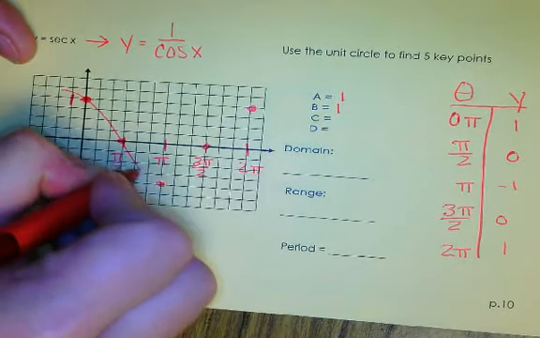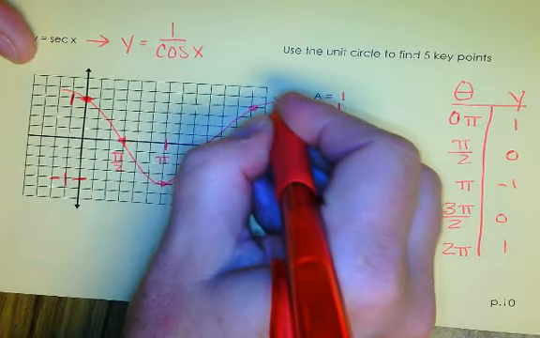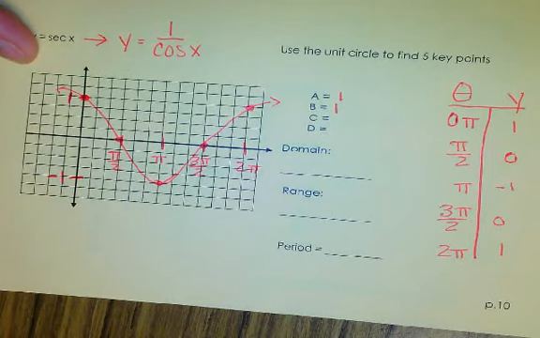I end up with my basic cosine function. Make sure they're looking a little curvy, y'all. They should look a little curvy.